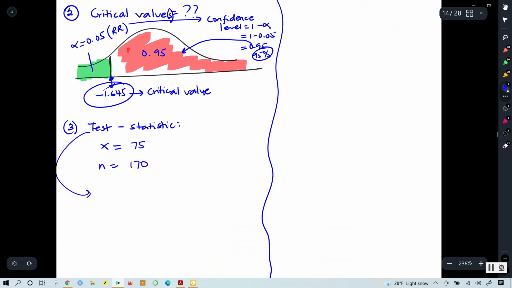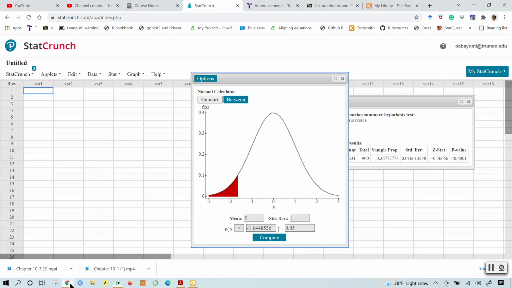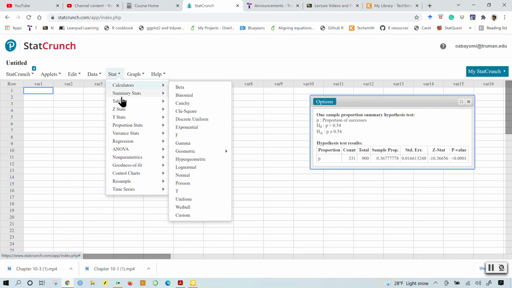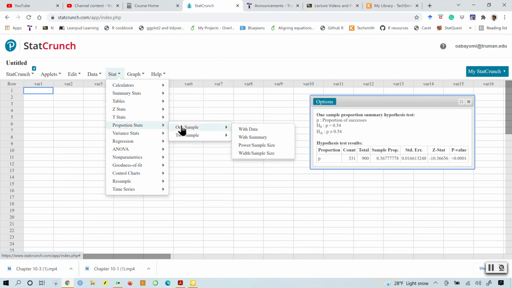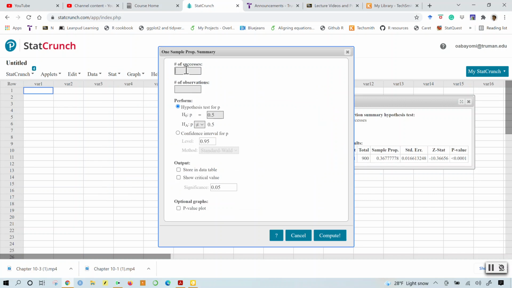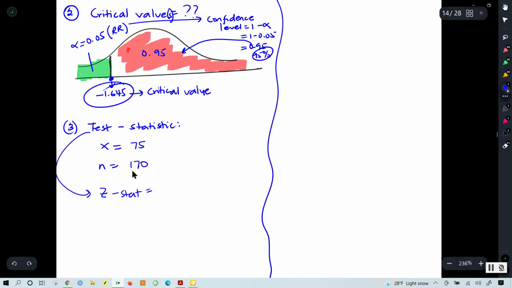And to find my test statistic, my z stat, going back to StatCrunch, I'll go to Stats, Proportion Stats, One Sample, With Summary, and I want in particular my x is 75 out of 170.